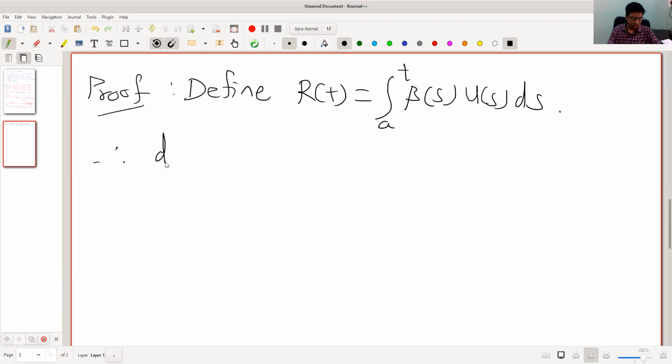Therefore, dr by dt equal to differentiation with respect to t, so it is simply beta into u. So dr by dt is beta into u, that is beta of t into u of t.